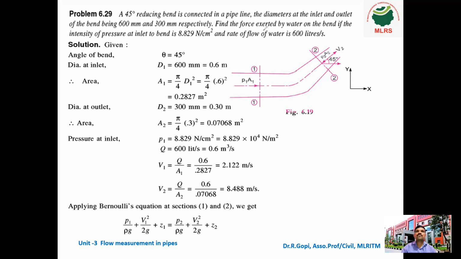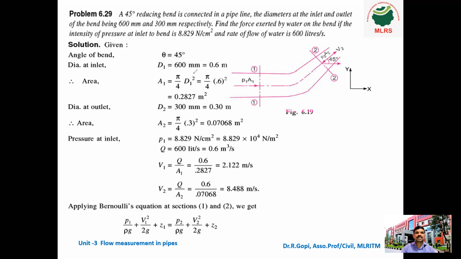Find the force exerted by the water on the bend, if the intensity of pressure at the inlet to the bend is 8.829 Newton per centimeter square, and the rate of flow of water is 600 liters per second. So the angle of bend is given as 45 degrees.